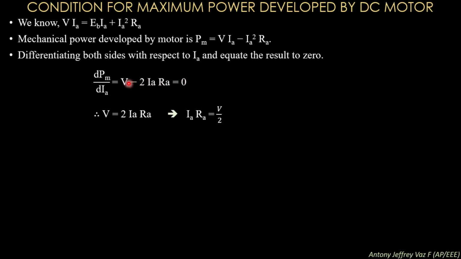So V minus 2IaRa is equal to 0. What we get here is V is equal to 2IaRa, and so IaRa is equal to V divided by 2.